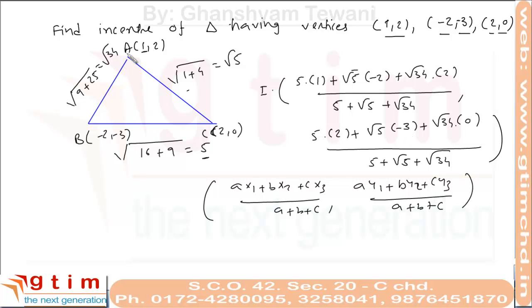If all the vertices of a triangle have rational coordinates, what do you understand by rational coordinates? That is, all abscissas and ordinates are rational. Here in fact all the points have integral abscissas and ordinates. Though all the vertices have integral coordinates, the incenter is irrational.